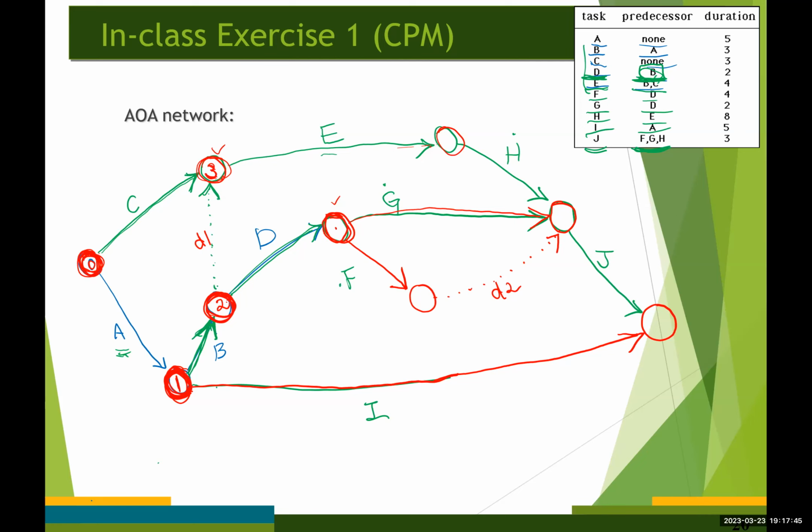Now, ignoring nodes 0, 1, 2, 3, again there are two nodes without predecessors. We will again choose one of them arbitrarily to become number 4.